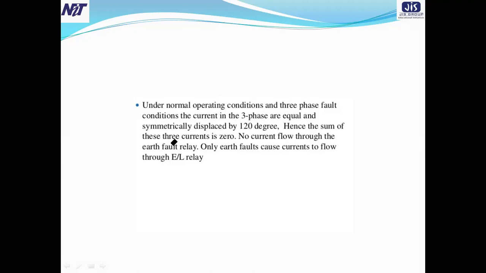Hence the sum of these three currents is 0. No current flows through the earth fault relay. Only an earth fault causes current to flow through the EF relay. So this is the property.